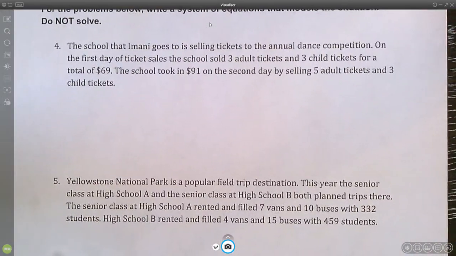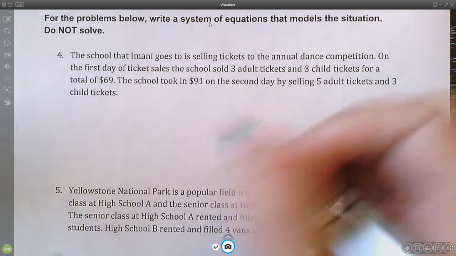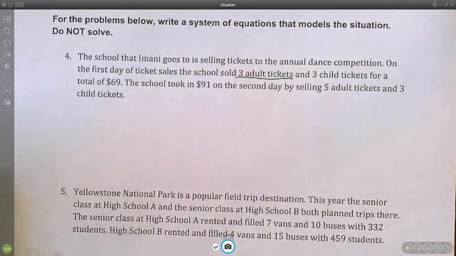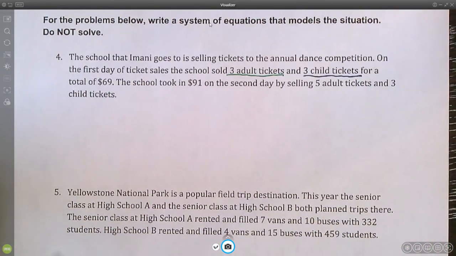Okay, here we are just writing a system of equations. So number 4, it says the school that Imani goes to is selling tickets to the annual dance competition. On the first day of ticket sales, the school sold 3 adult tickets and 3 child tickets for a total of $69.